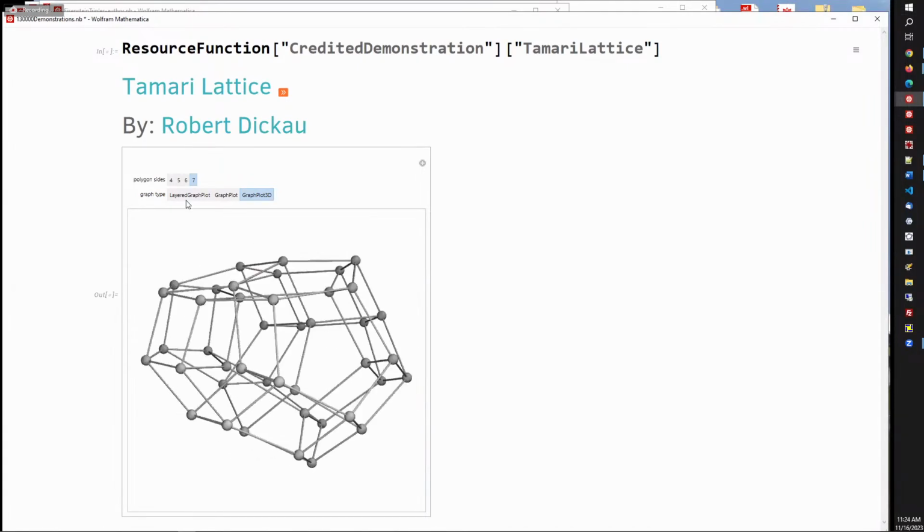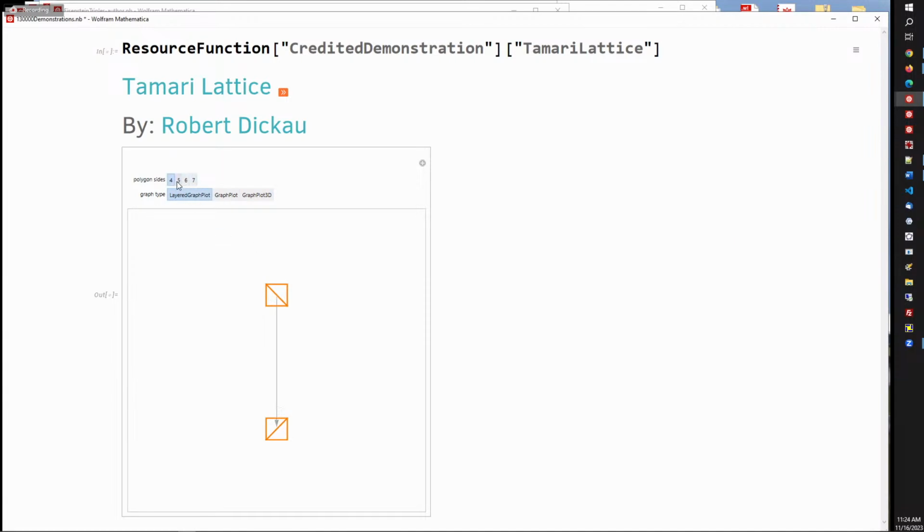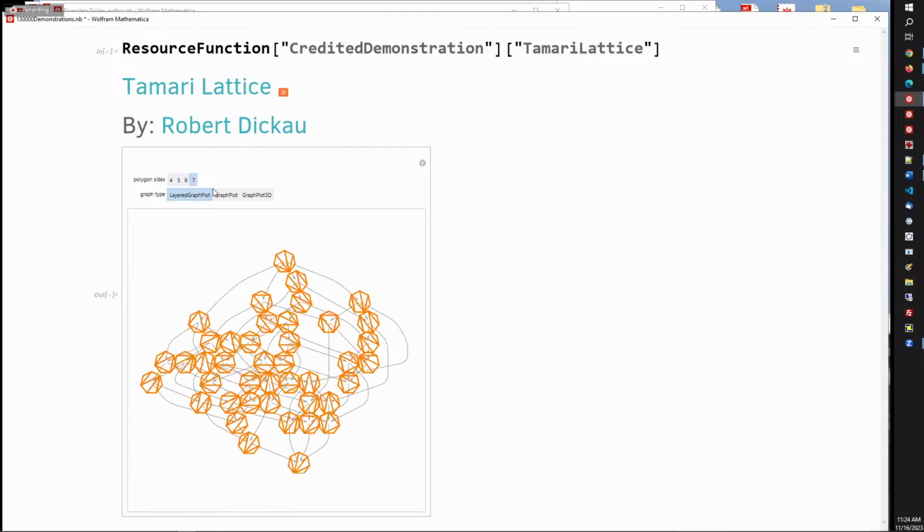It's 4-dimensional. So it's very simple for the quadrilateral and the square. Things get more interesting when you get to the hexagon and heptagon. And these continue. You can go to the octagon, but then the graph gets very complicated at that point.